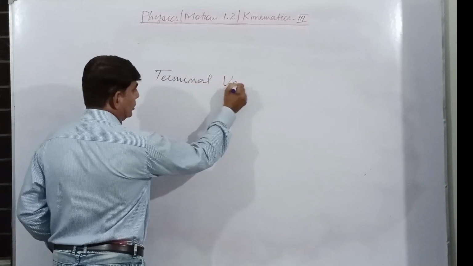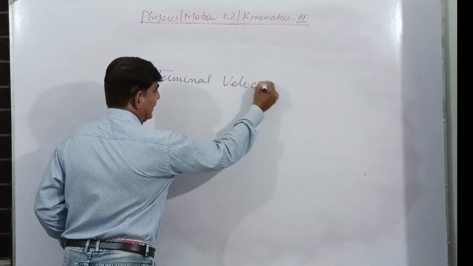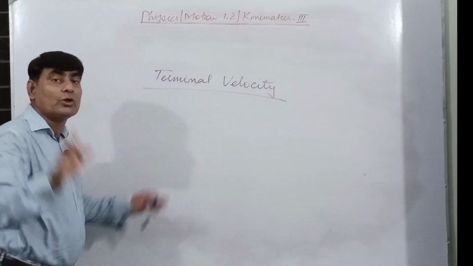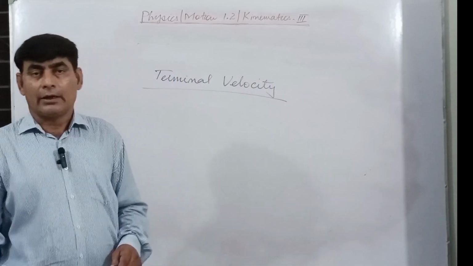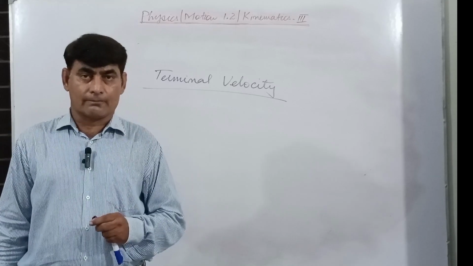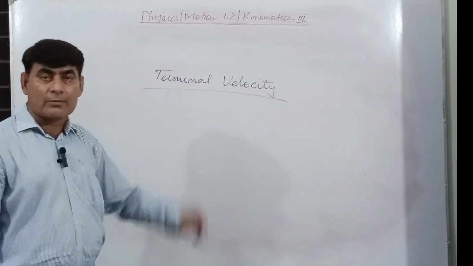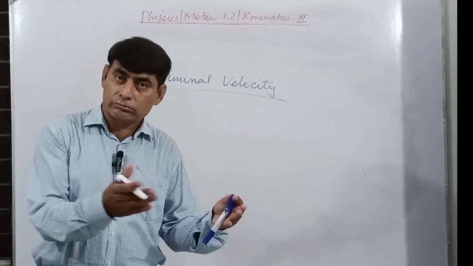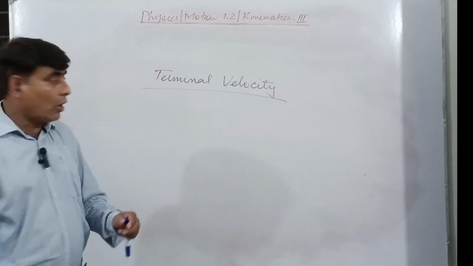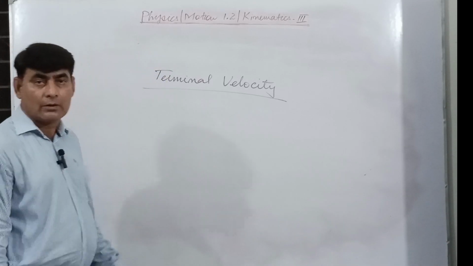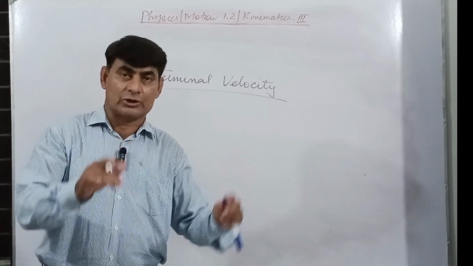Once again, terminal velocity we have defined. This is the uniform speed in a gravitational field, or the uniform speed under the action of gravity, or the uniform speed for free fall motion.